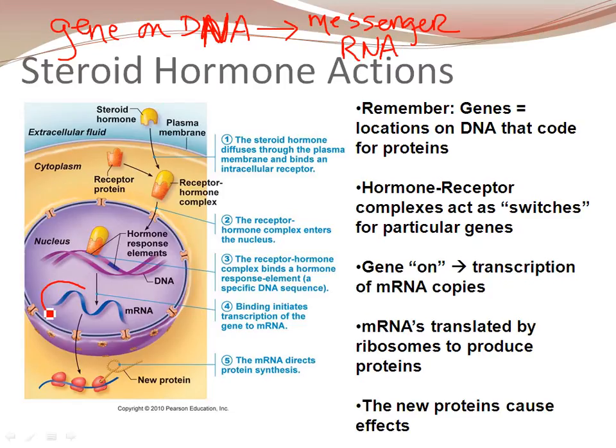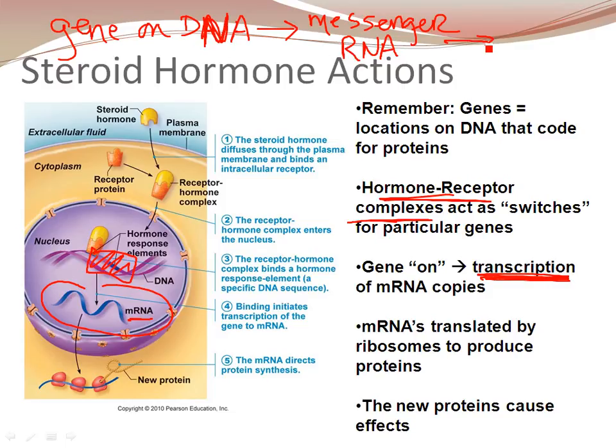And that's what they're showing you here. mRNA is an abbreviation for messenger RNA. That is a chemical copy of a particular gene. That copy is made if the hormone receptor complex attaches to the DNA just ahead of where that gene is located. That's called transcription.